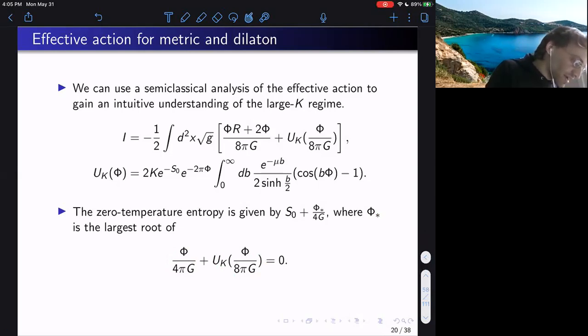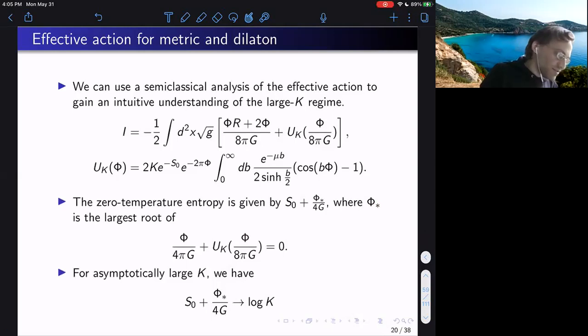Okay, so the zero temperature entropy then, we can just do this. And we find that when k is asymptotically large, the zero temperature entropy goes as log of k. And the thing that's significant is that it goes as log of k with a prefactor of 1 and not some other prefactor. As a result, I want to claim that the zero temperature entropy, for asymptotically large values of k, is counting the number of end of the world branes that have been integrated out.